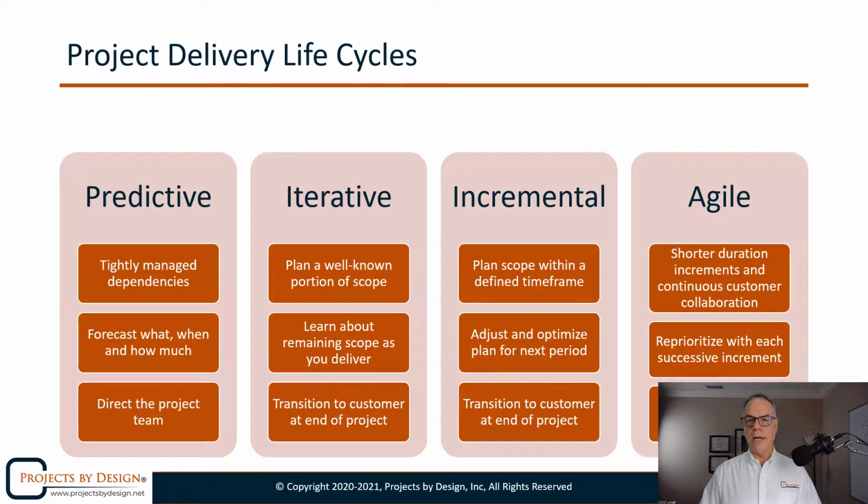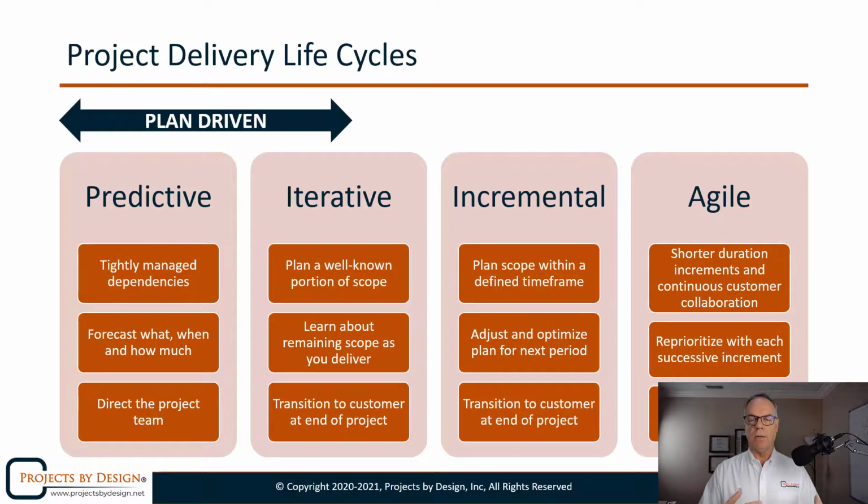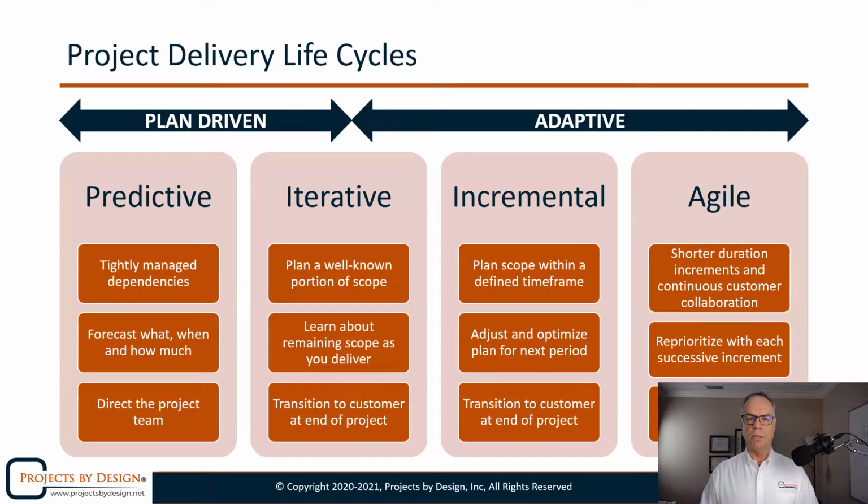Now, as you can tell from what we've just discussed, some of these are plan-driven, in the predictive approach and in some respects in the iterative approach, but even in the iterative approach, we are adapting somewhat. Okay. Now, Agile is the best adaptive delivery mechanism because it helps you to learn regularly and prioritize.